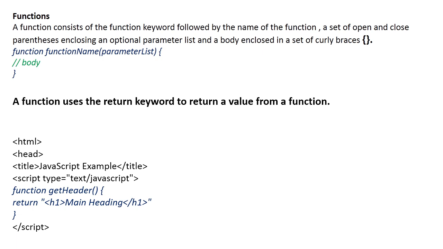Take for example this HTML code with the html, head, title JavaScript Example, and script type is text/javascript. The function is getHeader and returns header 1 main heading.